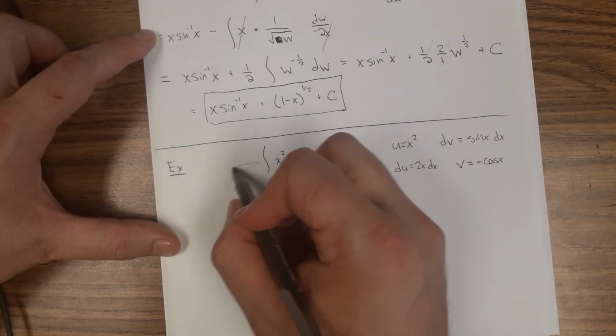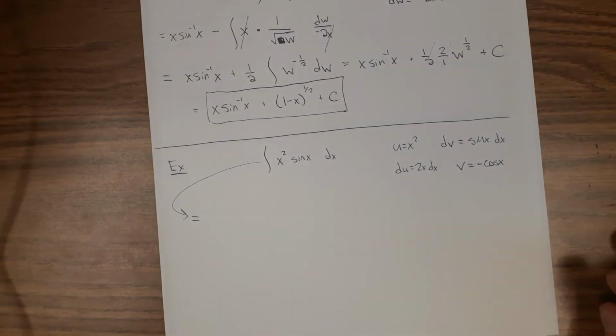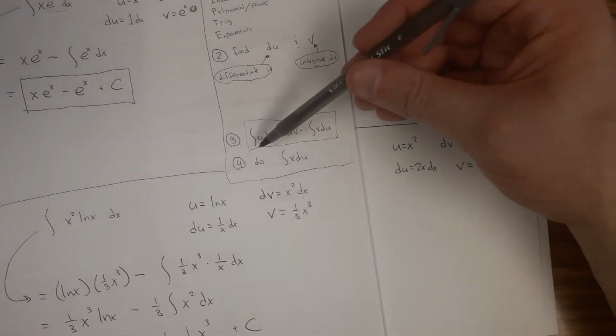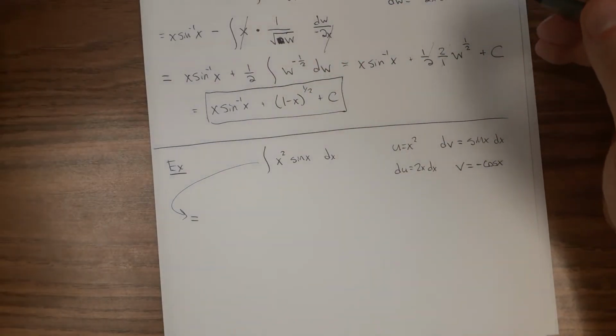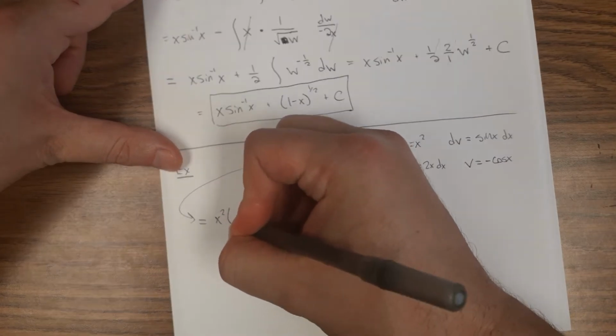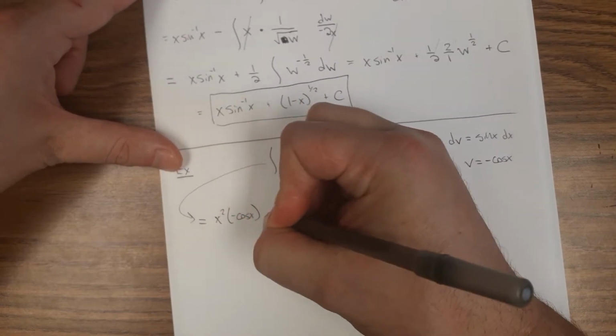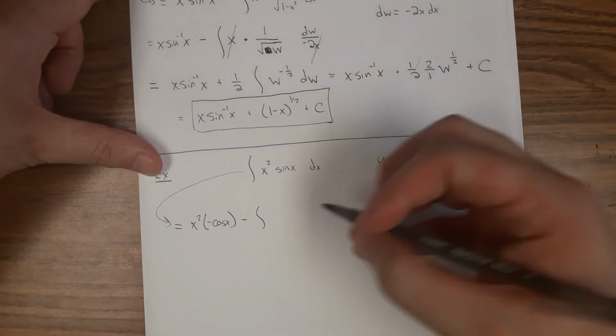Okay. And this becomes, I'm just using this formula again, uv minus the integral of v du. So uv minus the integral of v du.